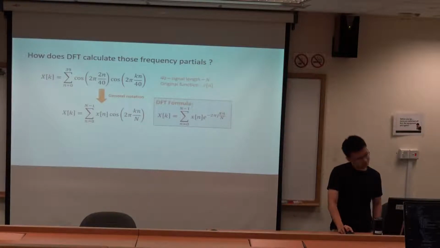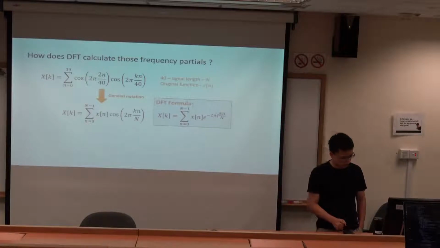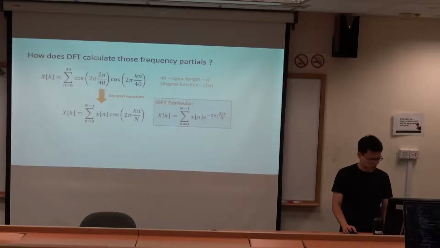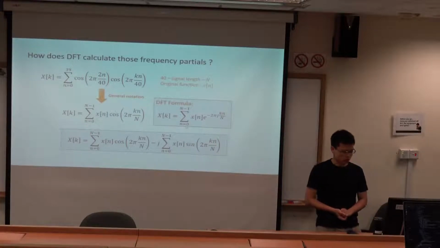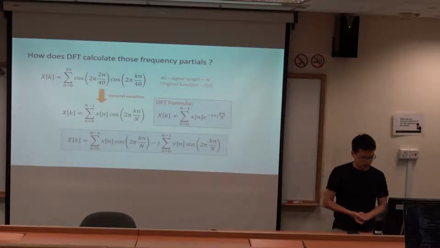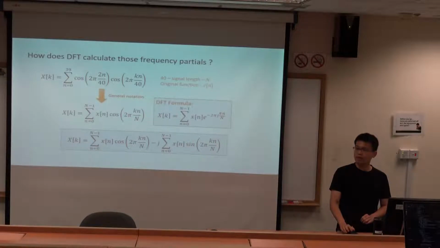But the exponential looks scary, so let me expand it with the Euler formula. And what we get is, you may notice that this term is exactly the same as this term.